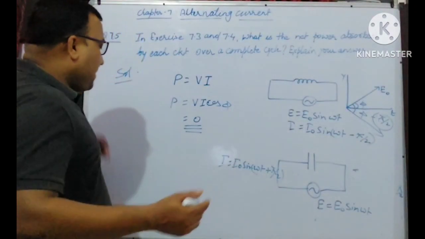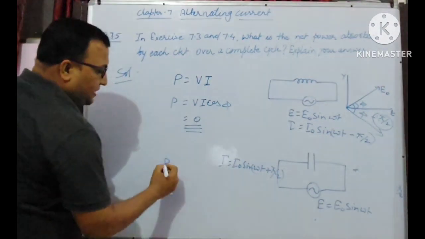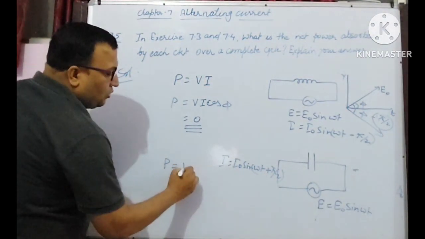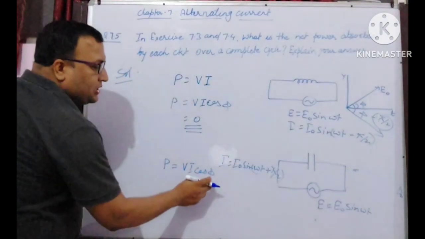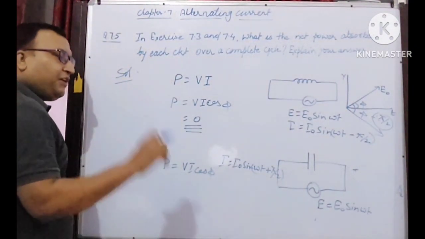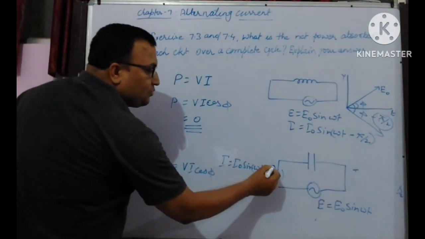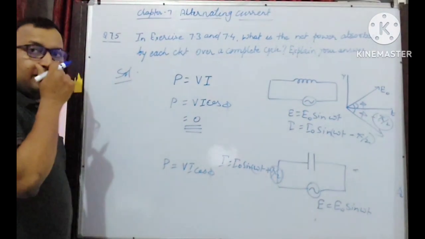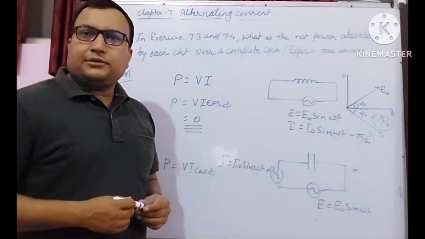So we know the power formula for the capacitor also: power absorbed by the capacitor, P equal to VI cos phi. What is phi? Phi is the phase difference between the current as well as EMF, and that is 90 degrees.